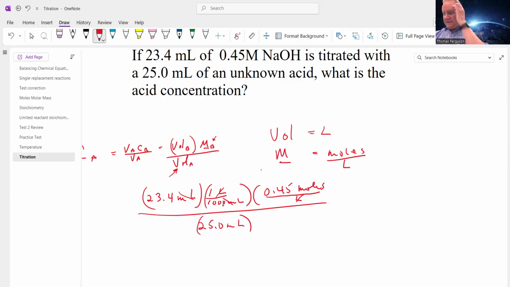And of course, we need to convert it to liters, so everything cancels. That'll give you the concentration of the acid.